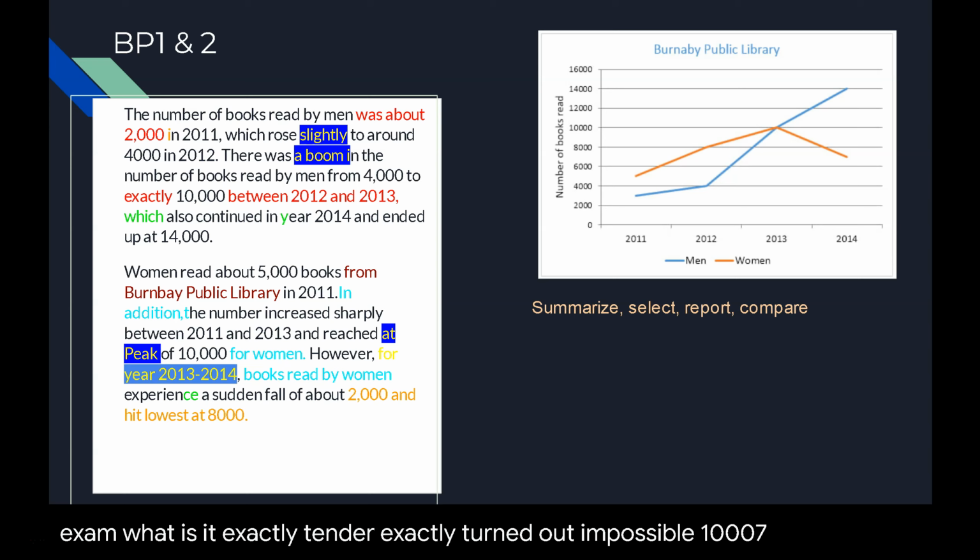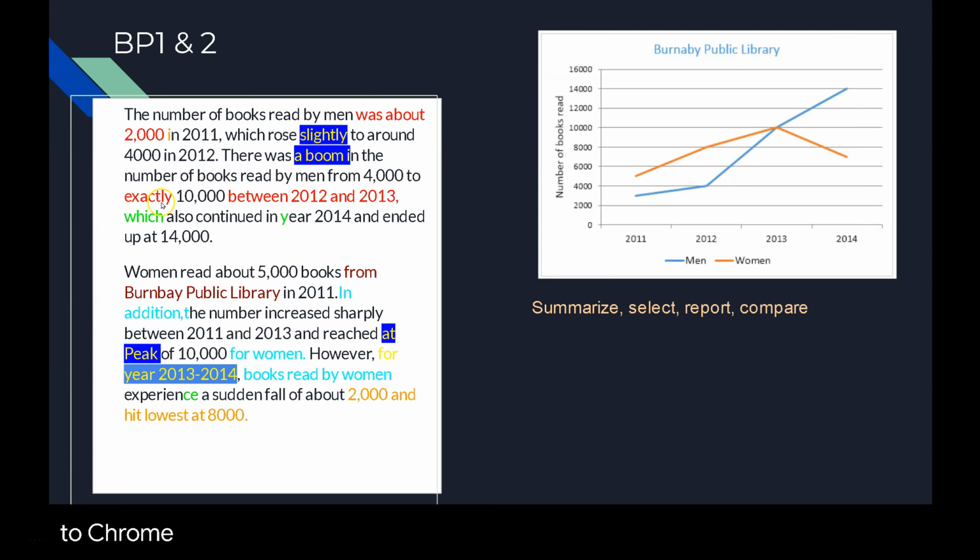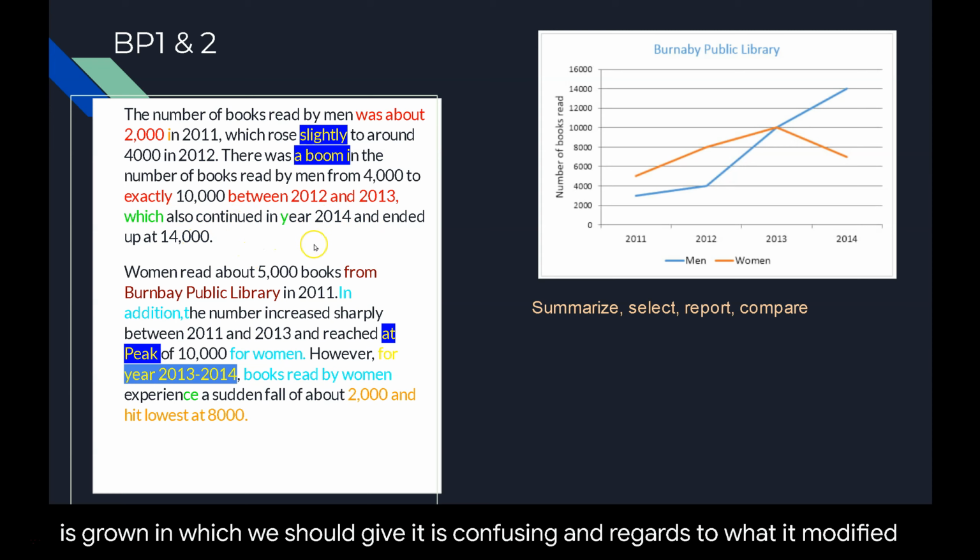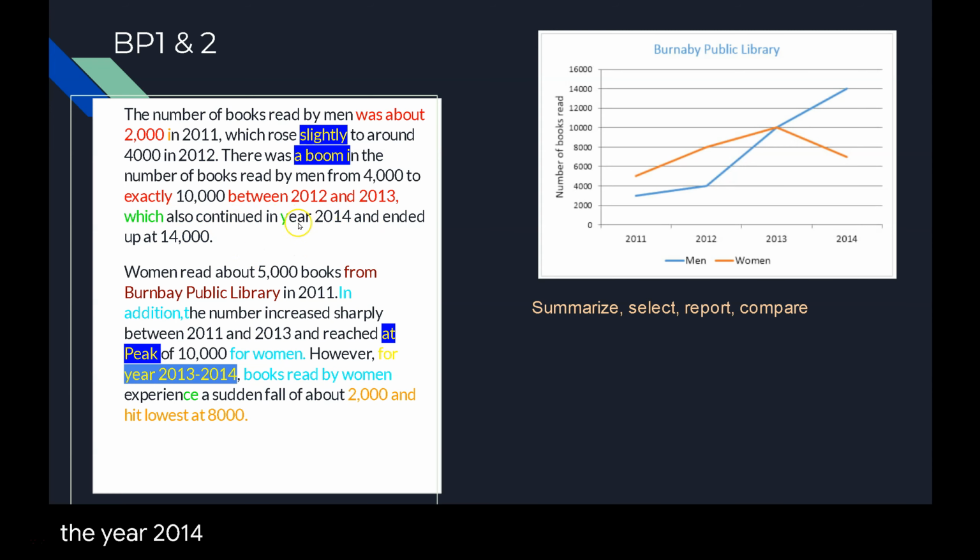Okay, you get this "between" thing mixed up. When did "from 2012 to 2020"? And once again, your relative pronoun, which, you shouldn't be repeating like this, is confusing in regards to what it modifies. In the year 2014, you don't need to say year.